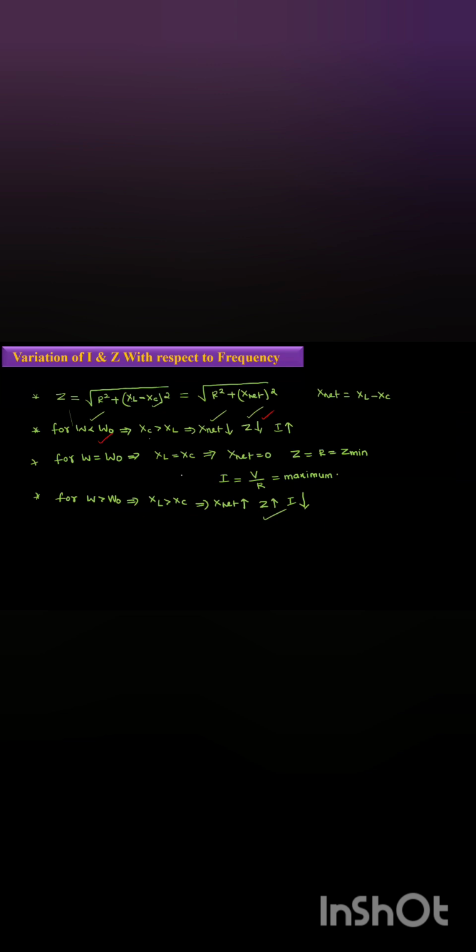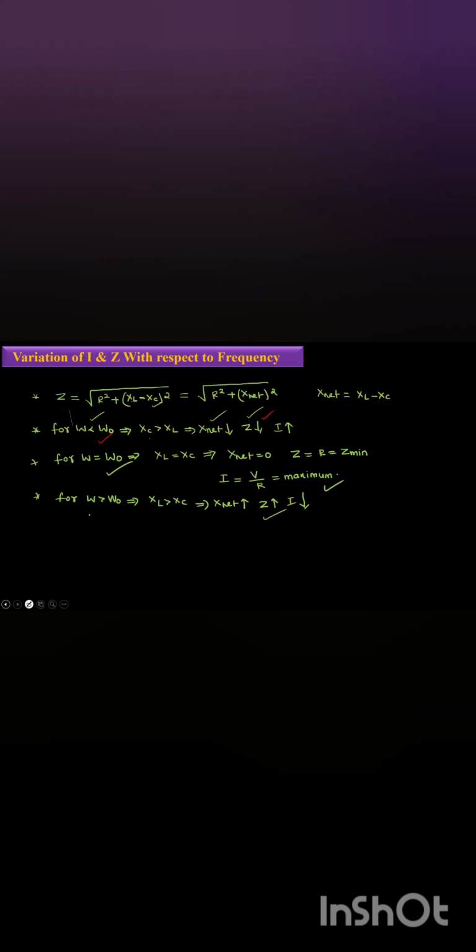What about at omega equal to omega naught? I is maximum; the current is maximum. For omega greater than omega naught, current is reduced.